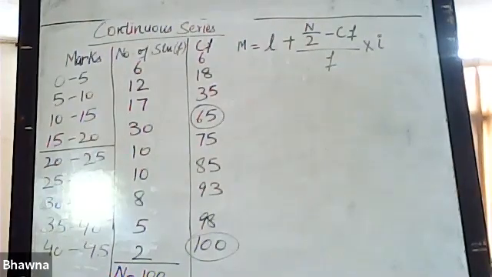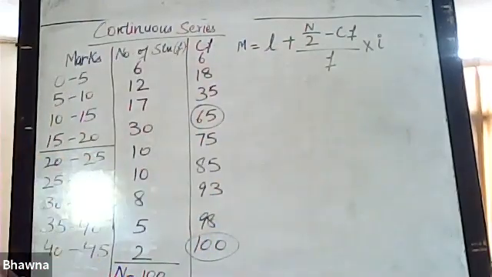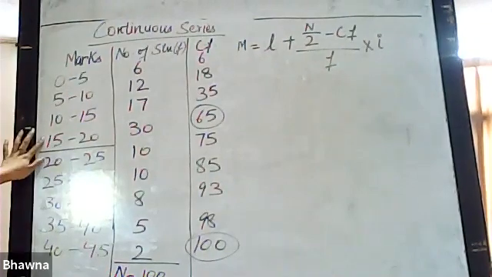So now we have to put the values. L is the lowest value in the class interval. As I wrote before, the 50th item lies in class interval 15 to 20. Between 15 and 20, which is the lowest? 15 is the lowest.